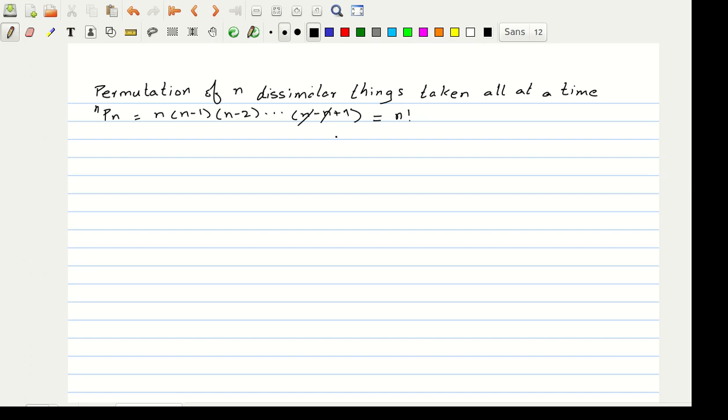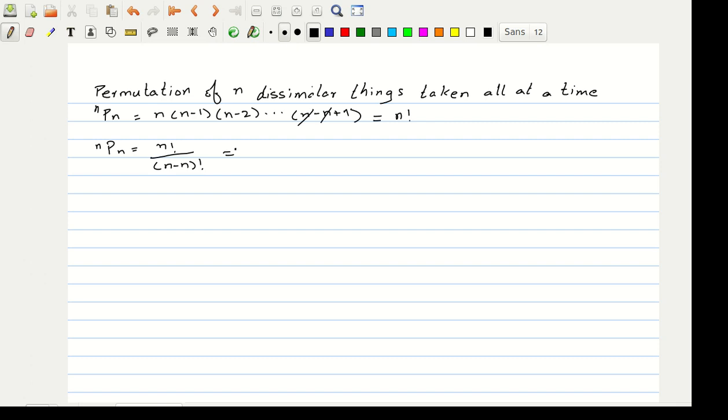But we also know that nPn could have been written as n factorial divided by n minus n factorial. Remember, nPr is n factorial divided by n minus r factorial. So nPn would be n factorial divided by n minus n factorial.